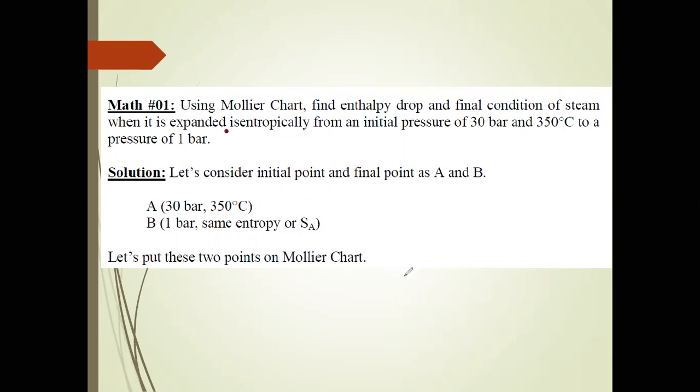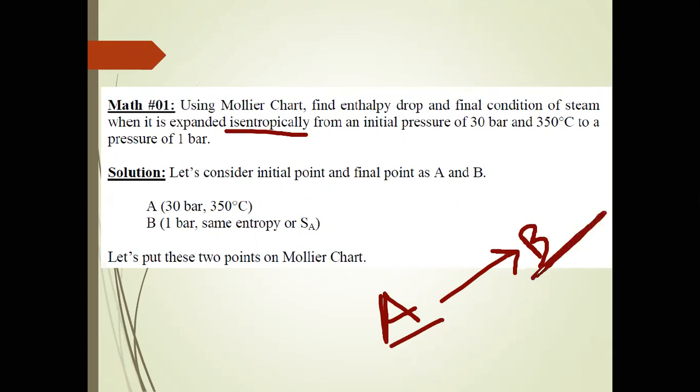So that means if there is a process from A to B, and you change the steam from condition A to condition B, but it is told that the process will be isentropic, then the entropy value at point A and at point B will be the same, because there is no change of entropy.